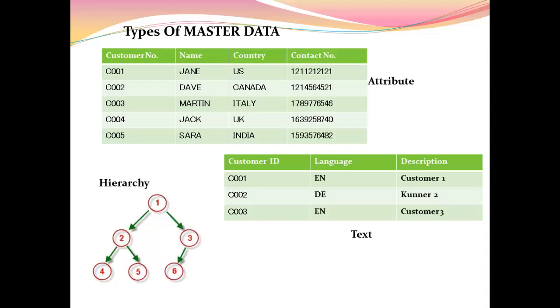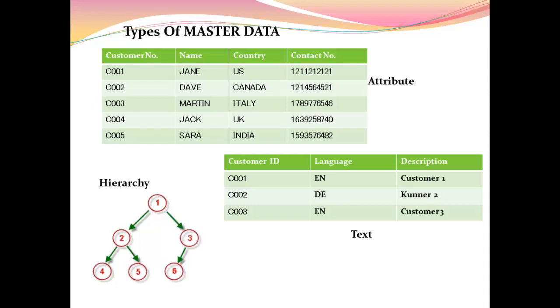Even though both of these are characteristic type attributes, they are connected in such a fashion that whenever we call customer number C001, it would also bring us the respective data attached to it. Like for C002, it would bring up Dave, Canada, 12, and its contact number.